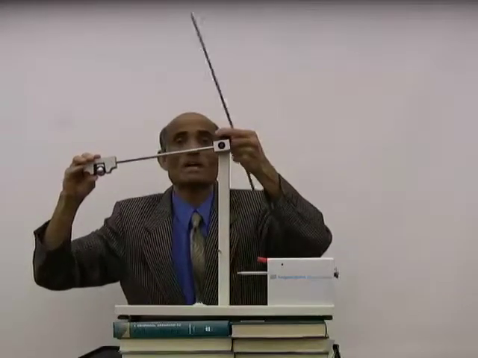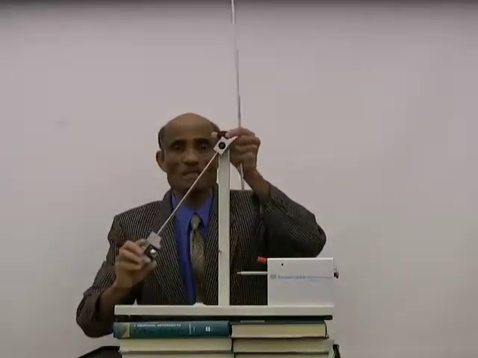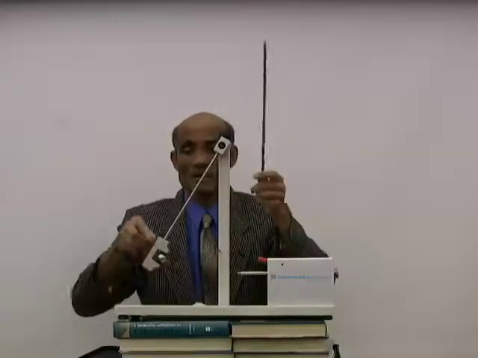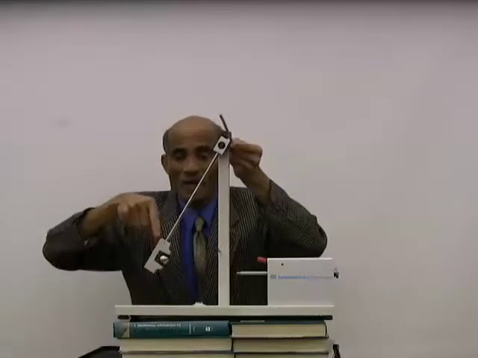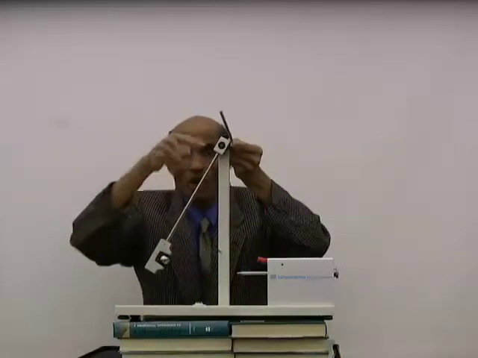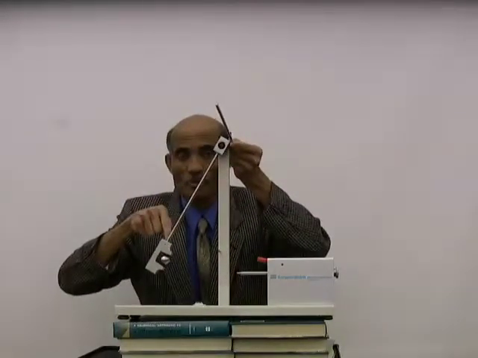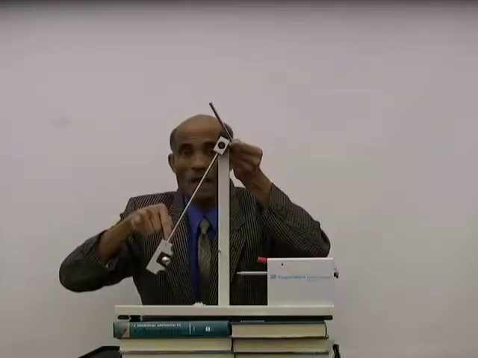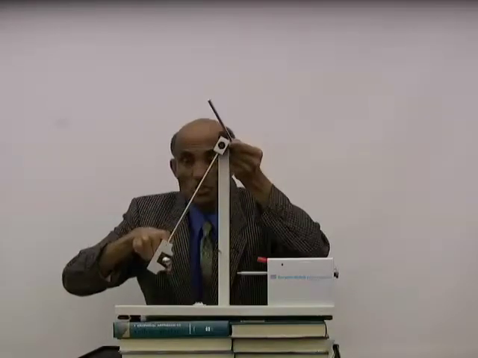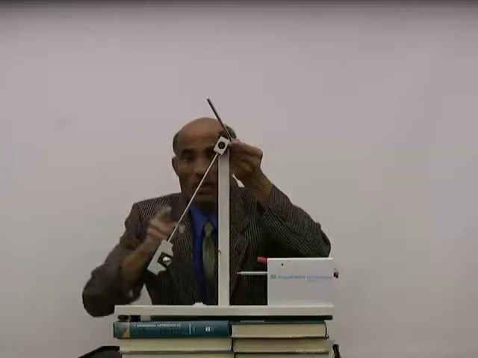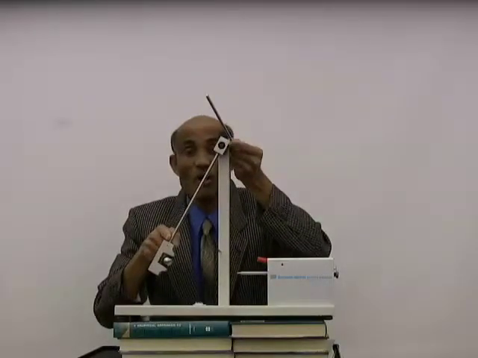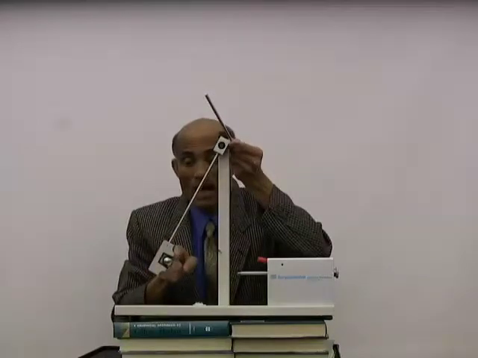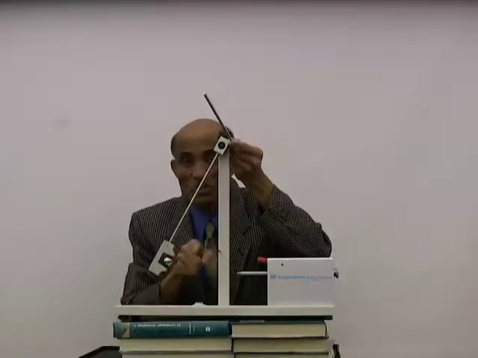Alright, now tell me, if I have the object in this position and I'm applying a force downward and rotating the object about this axis, what is my torque arm now? The force is vertically downward. Is my torque arm this distance? No. My torque arm now is this distance.